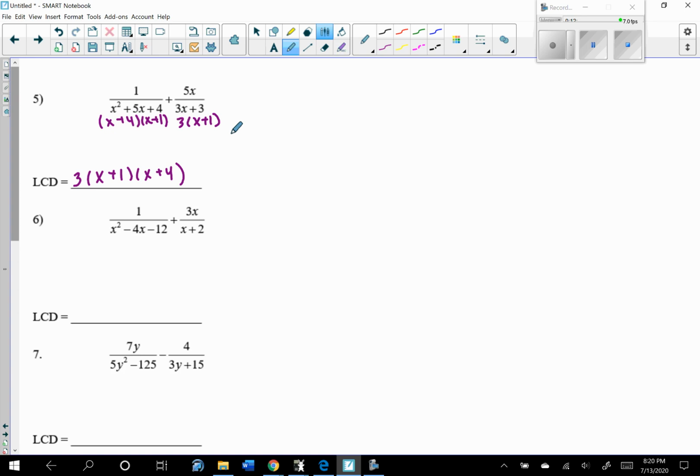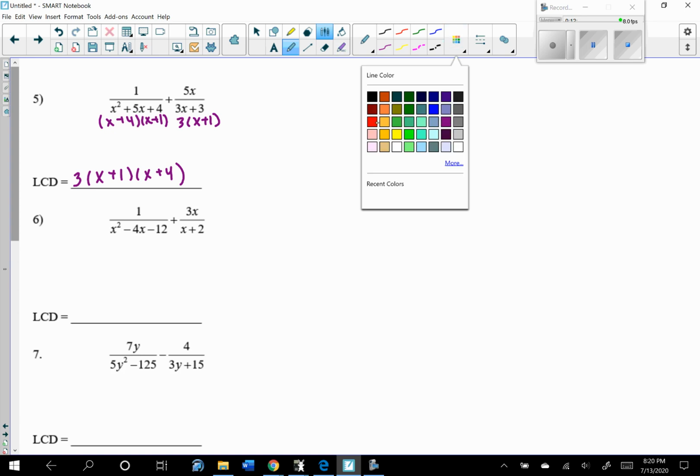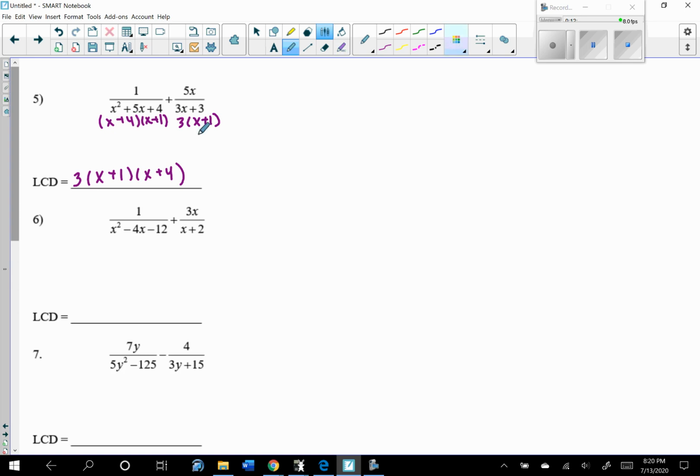And so now I'm going to look for what's missing from each fraction from my LCD. So this is missing a 3. And what's missing over here, the x plus 4. So remember to multiply the top and the bottom.